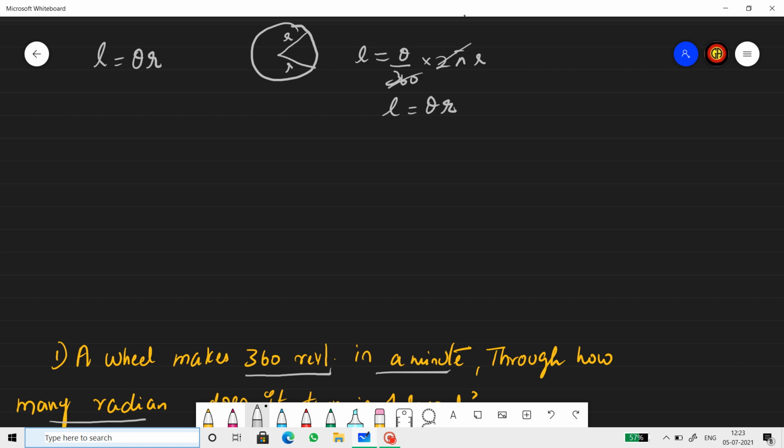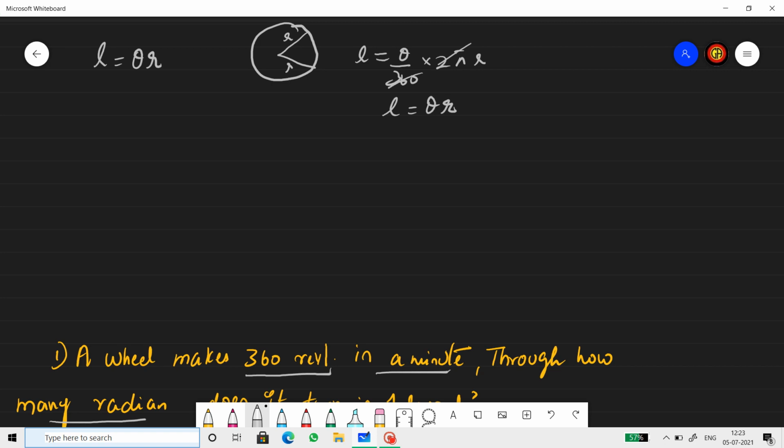So L is the arc length, theta is the angle, which can be in degree or radian, and r is the radius. Now, make a note of this particular point. When the question has given the r and L info, and we use this formula to find theta, the theta will always be in radian in that case. But if the question has given the theta in degree form, and they ask us to find either radius or L, then it doesn't matter.